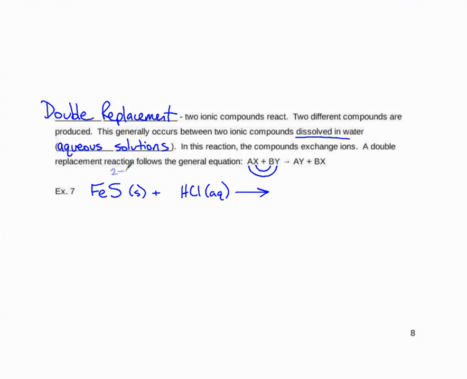So sulfur, I looked at the periodic table, it's in group 16, and I know that everything in group 16 has a -2 charge. And I have one sulfur and one of these irons, and for this compound to be neutral, the iron has to be 2+. I'm working backwards.